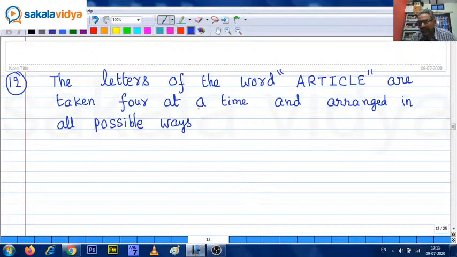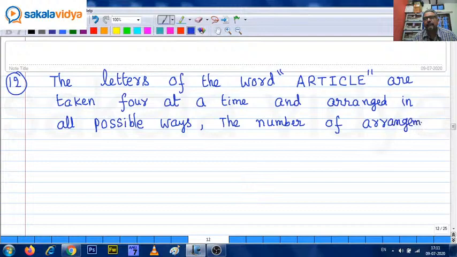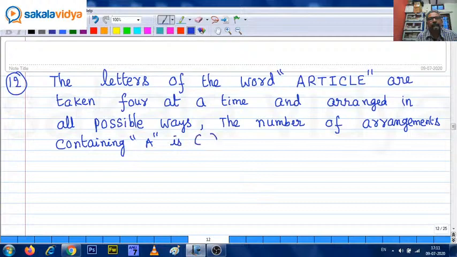The number of arrangements containing A is?